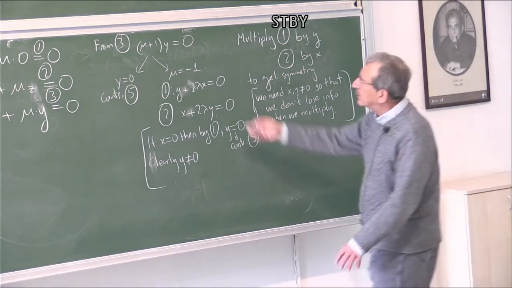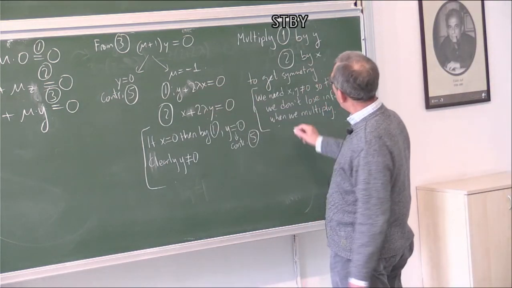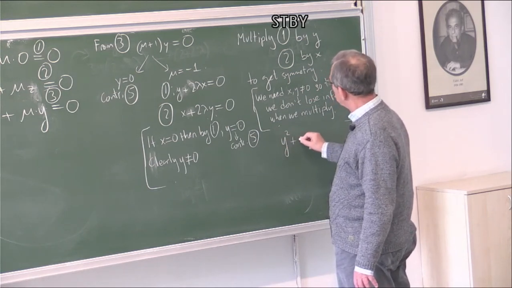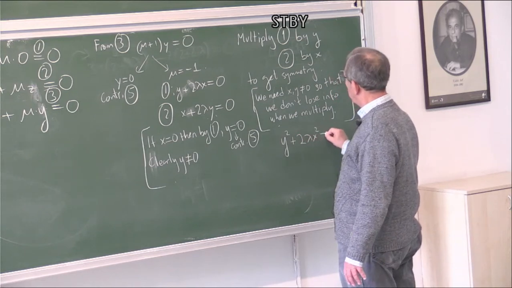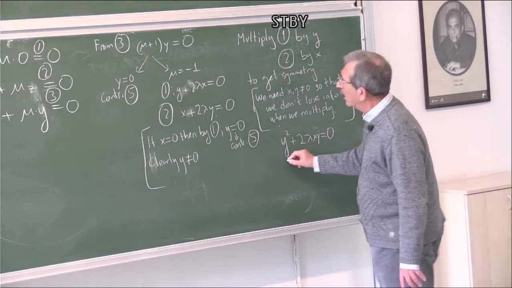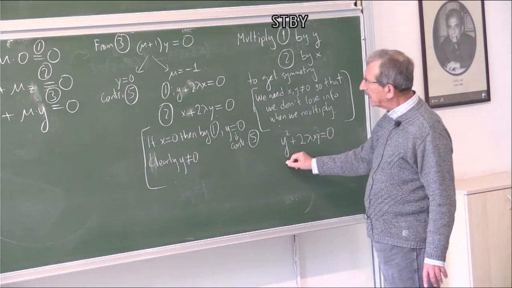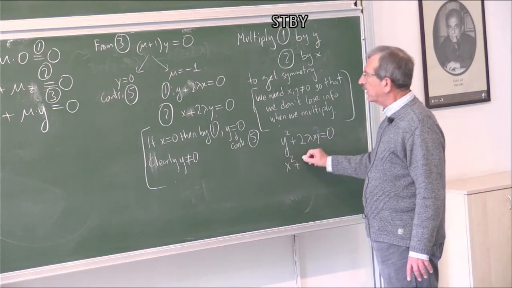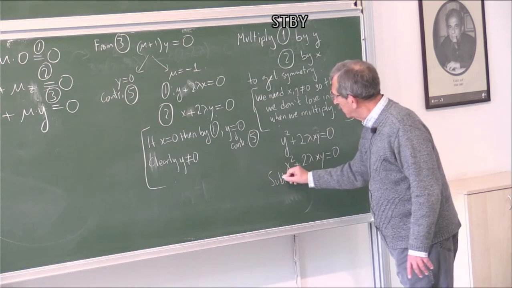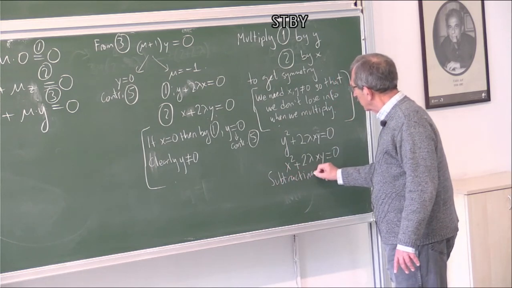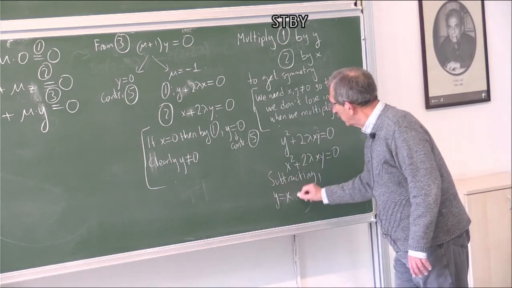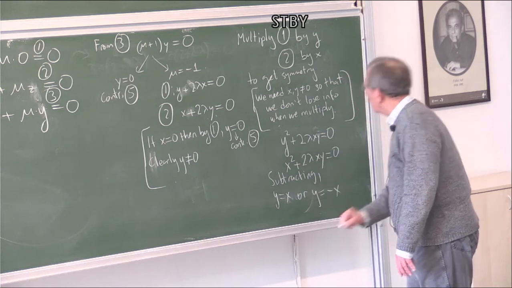So what happens? Multiply this with y. So y squared plus 2 lambda xy is 0. And in the second one, we multiply it by x, so it is x squared plus 2 lambda xy is 0. Subtract. Y equal to x, or y equal to minus x.